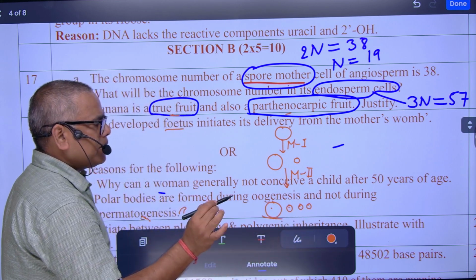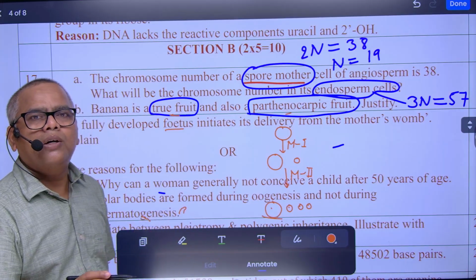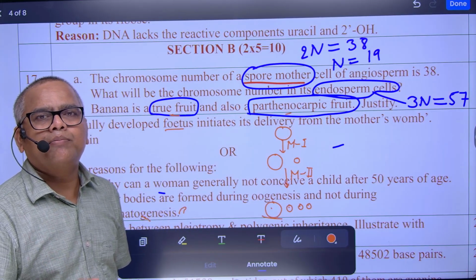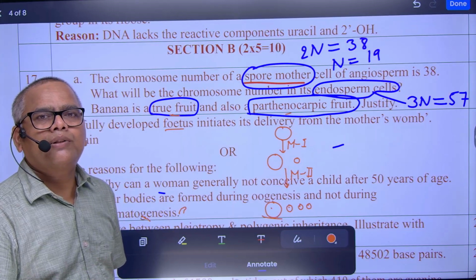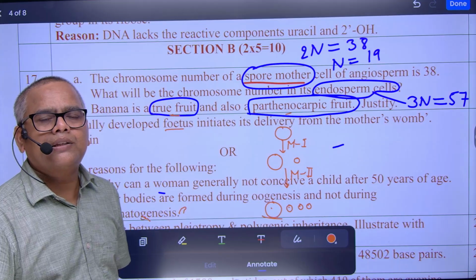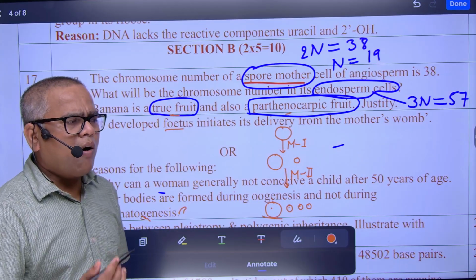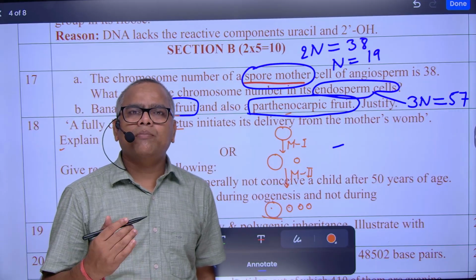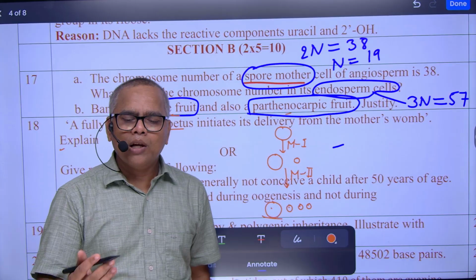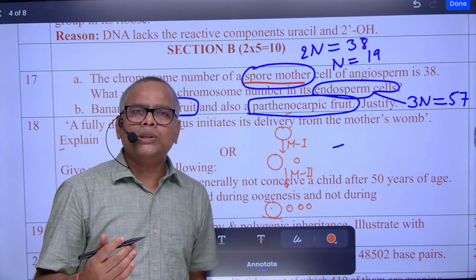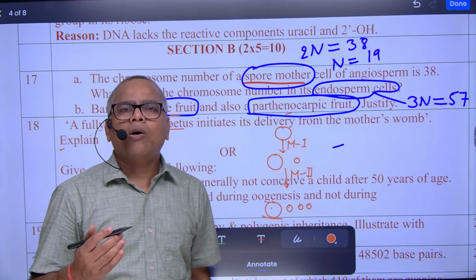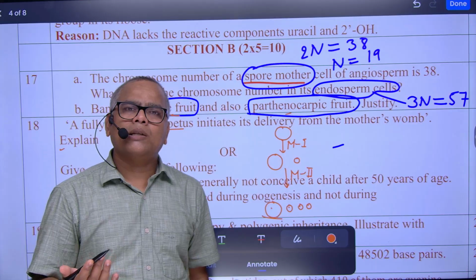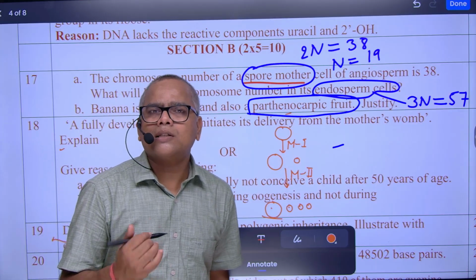The explanation is only related to unequal cytokinesis, which is part of meiosis in the process of oogenesis taking place in a female, or also in the plant body during megasporogenesis. So whether you are observing oogenesis in a human female or megasporogenesis in angiosperms, the processes are similar.